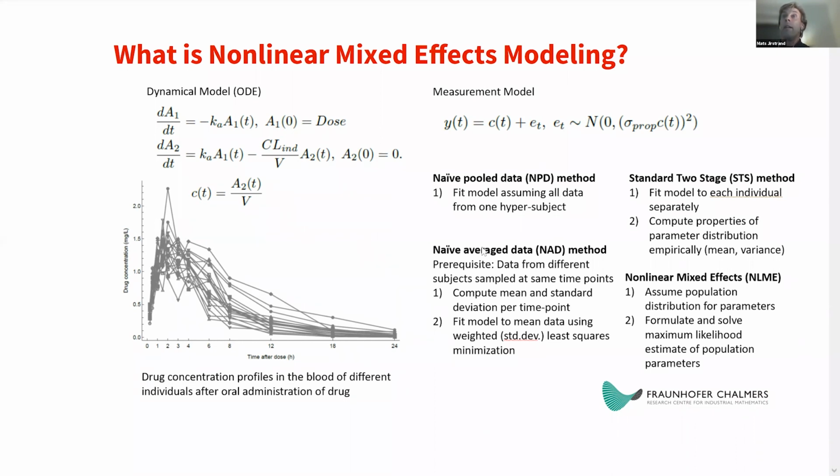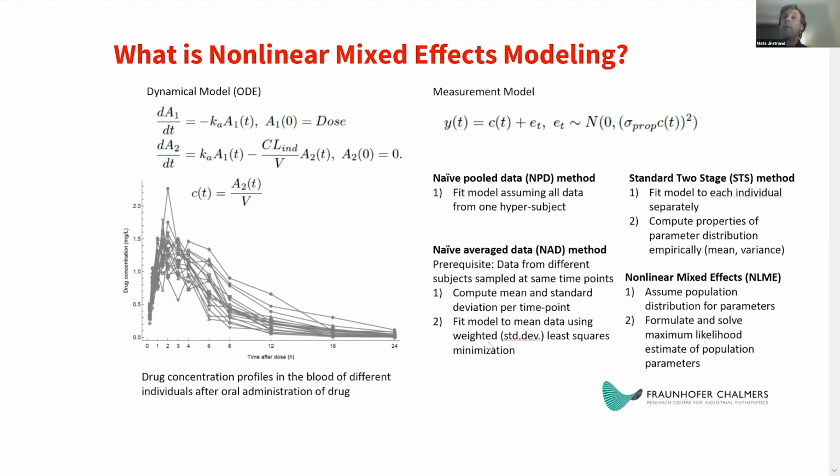And we have a measurement model, so we measure the concentration from blood samples, but it's corrupted by noise. And in this case, it's noise proportional to the concentration. So we have a variance that varies when the concentration varies, essentially.